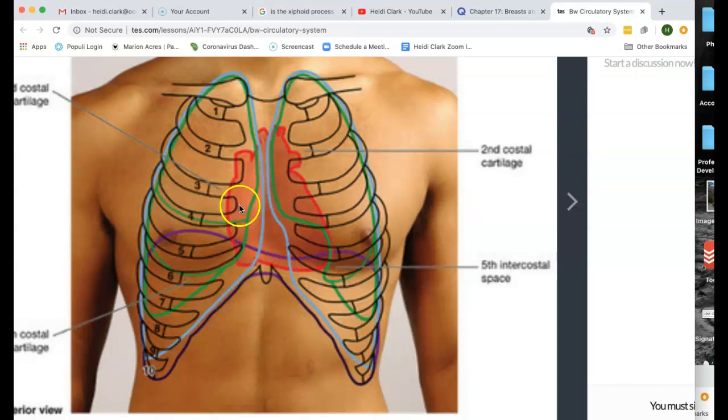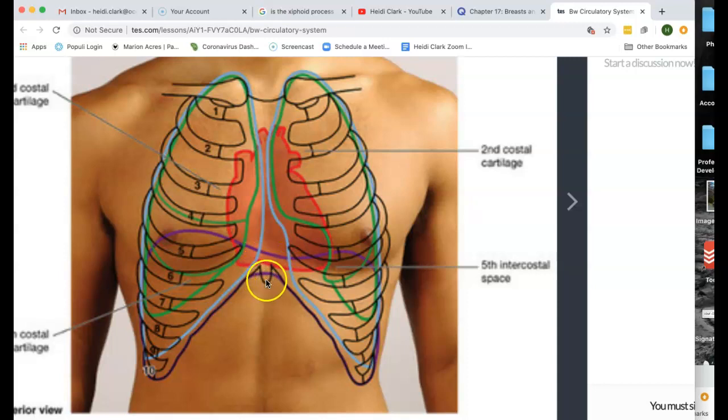So 3rd, 4th, 5th, and the beginning of the 6th, down to the 6th. It's 1 centimeter lateral to the right sternal margin. So the sternum's not shown here, but the sternum's going to be about right here. And it's going to go about 1 centimeter lateral to that. At the 6th costal cartilage, the inferior border goes level with the xiphosternal joint.